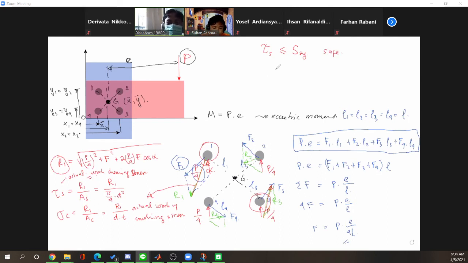Okay, and also for the crushing resistance, if it's still lower than the compressive strength, then it is safe.